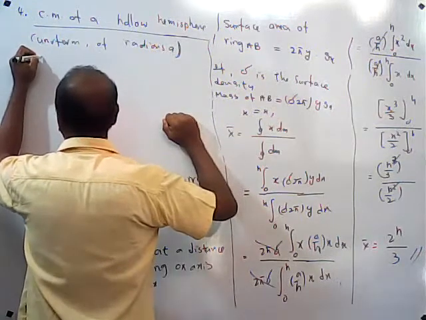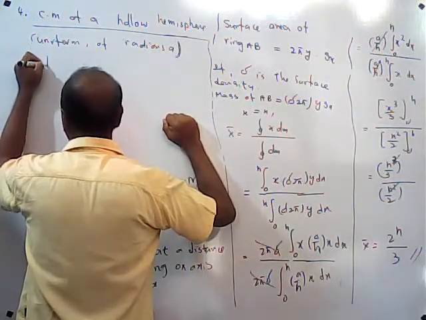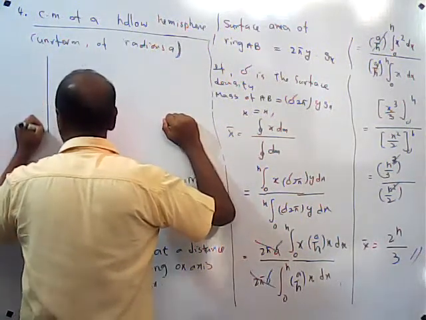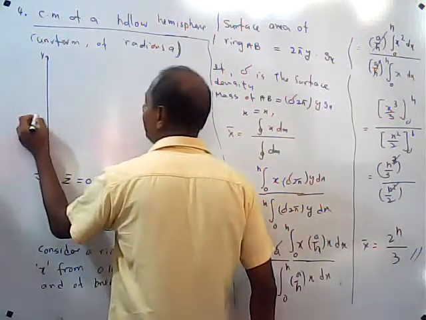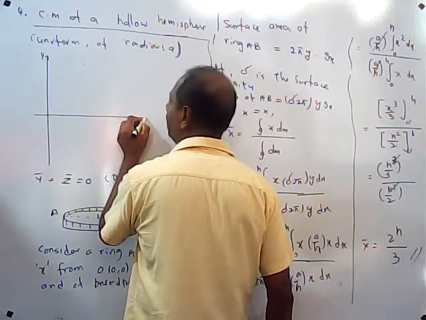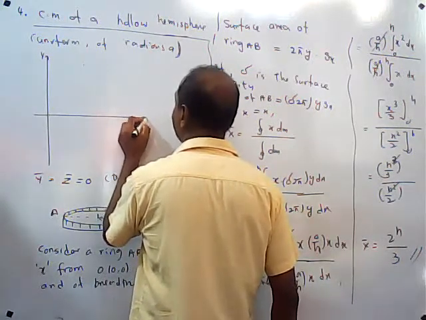Again, a hemispherical ball. So we will take the axis like this. X-axis we take the axis of symmetry.